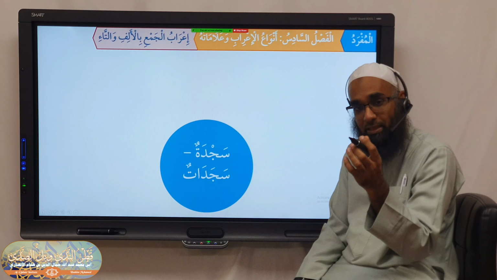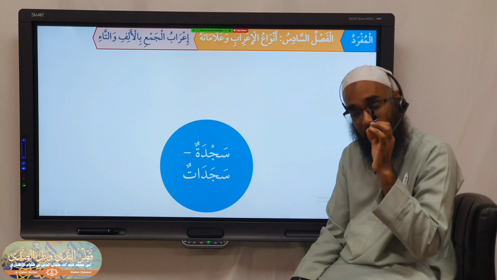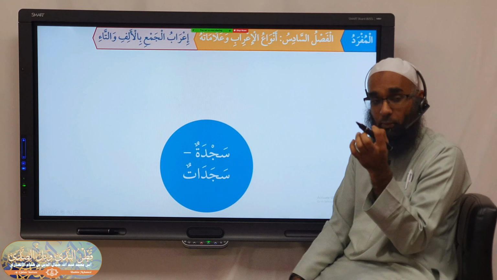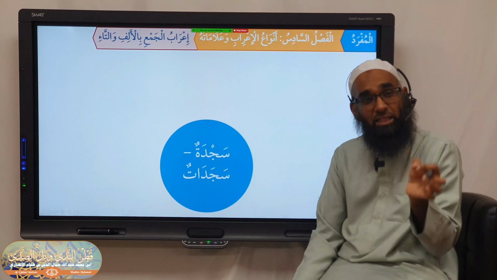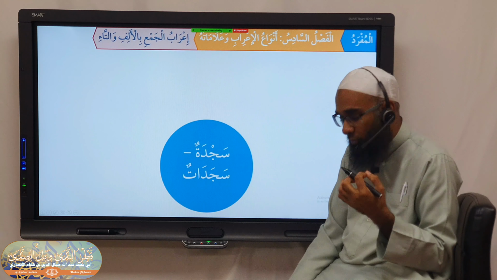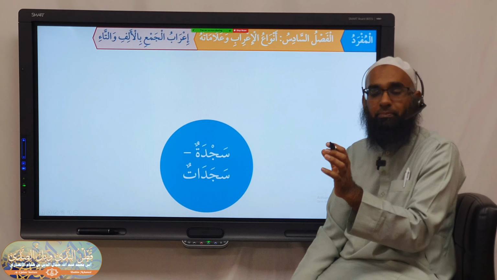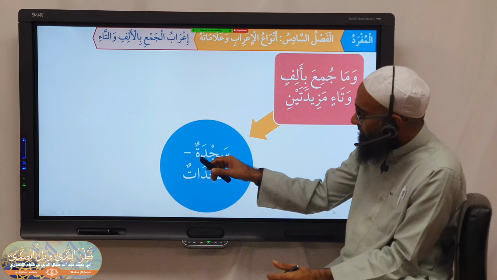In Mu'annas, you don't have to have no change in the singular. So, for example, when there's a slight change, we said the Jam'ul Mudhakkar Salim rule does not apply, but it applies to Ibnuna. If you look at the feminine plurals, many of them undergo changes, but they have the same i'rab. So, for example, Sajda.